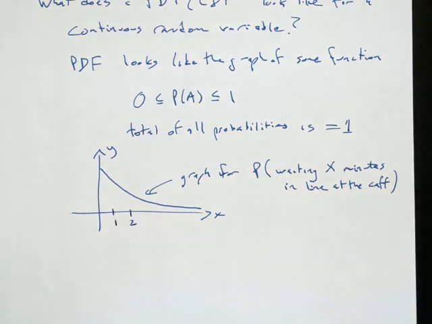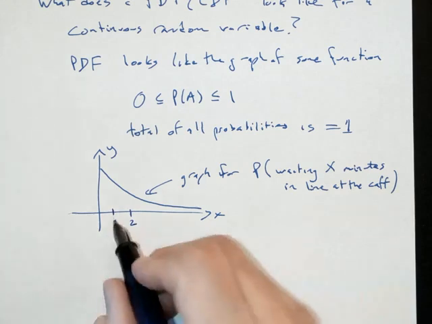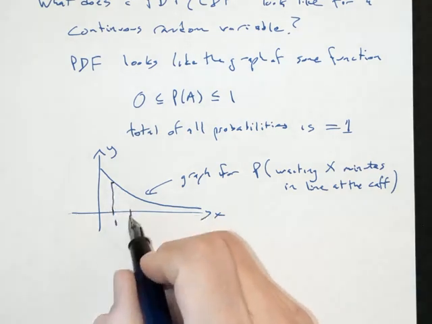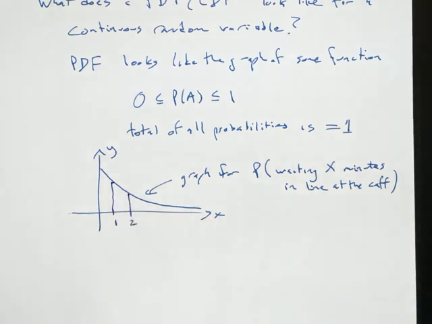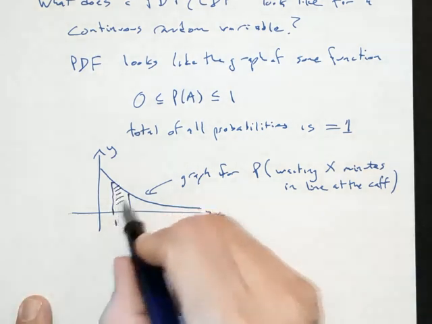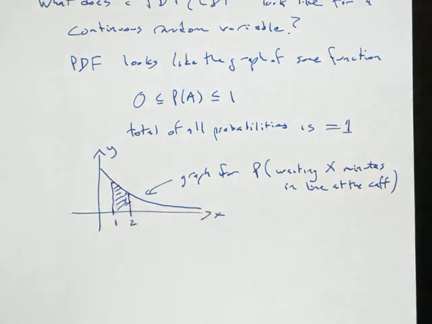And the chance you wait between 1 minute and 2 minutes should be that bar, right? I don't know how to find that bar, because technically that's not a rectangle. It's got that funny curvy slopey top there.